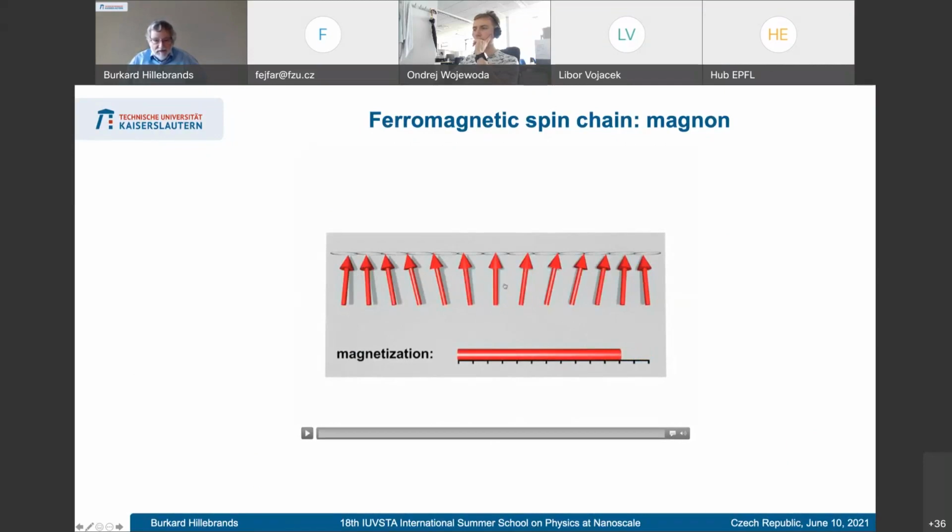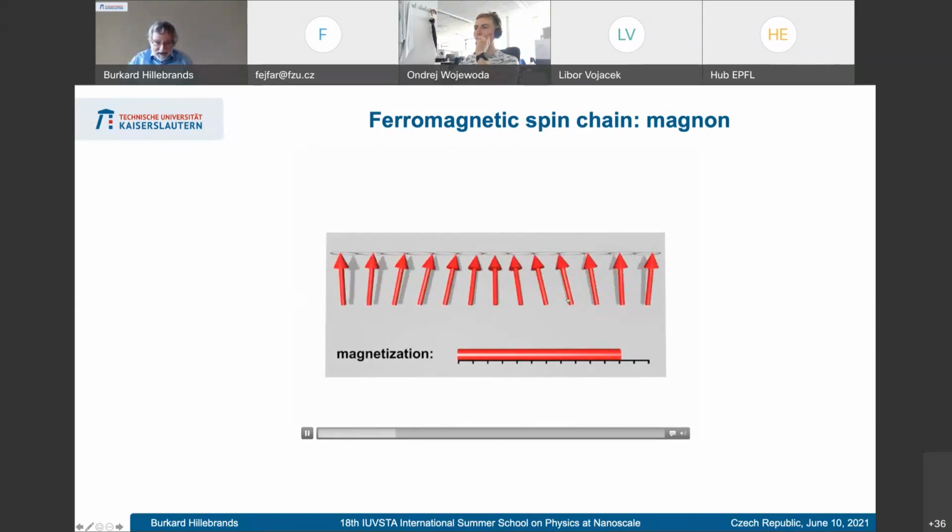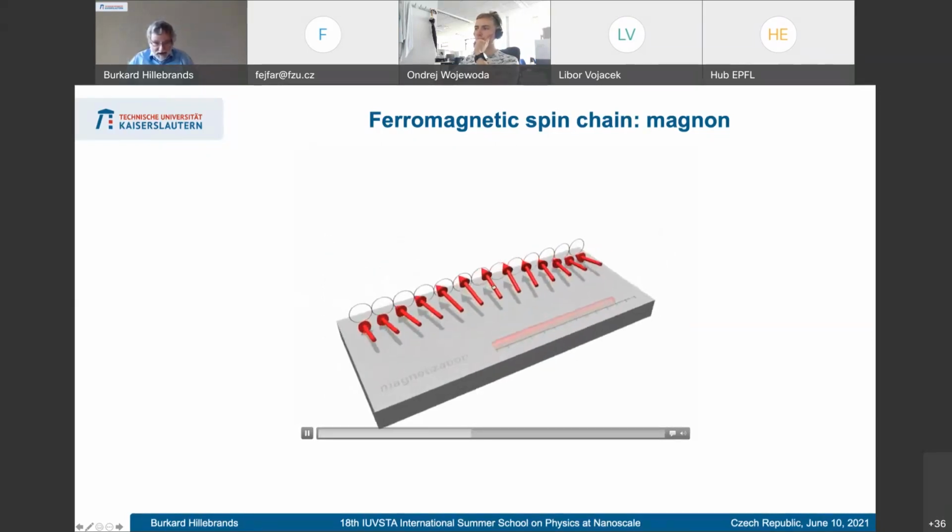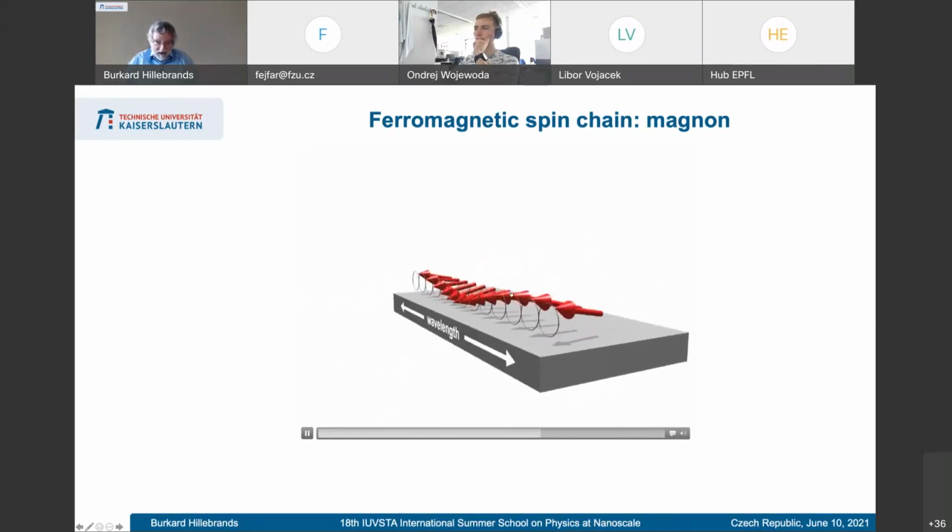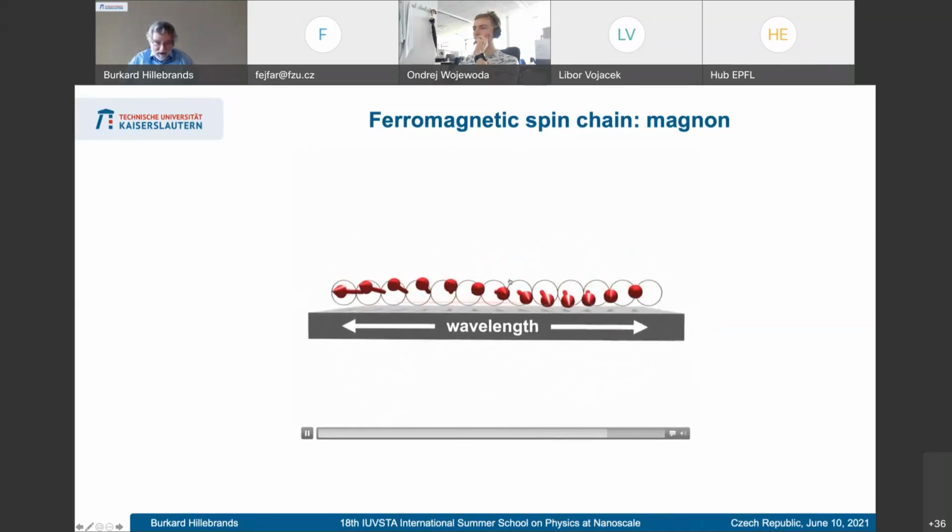And if you really carry it through the calculation, what you find is this is not yet the ground state, but the ground state is just a superposition of waves. And what you end up with here is just a wave, and the quantum of the wave is a magnon. So this is exactly 1 magnon, which reduces the saturation magnetization by 2 units.